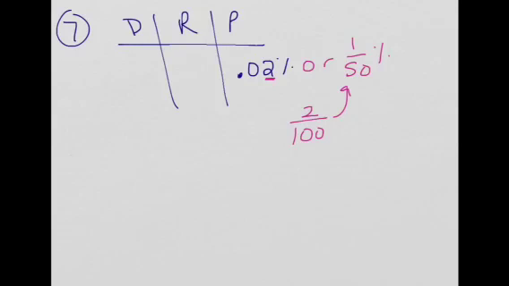So we're going to use the decimal version, and we're going to move that decimal 2 more places to the left. So it's going to be 0.0002, which makes this 2 over 10,000, which can simplify to 1 over 5,000.